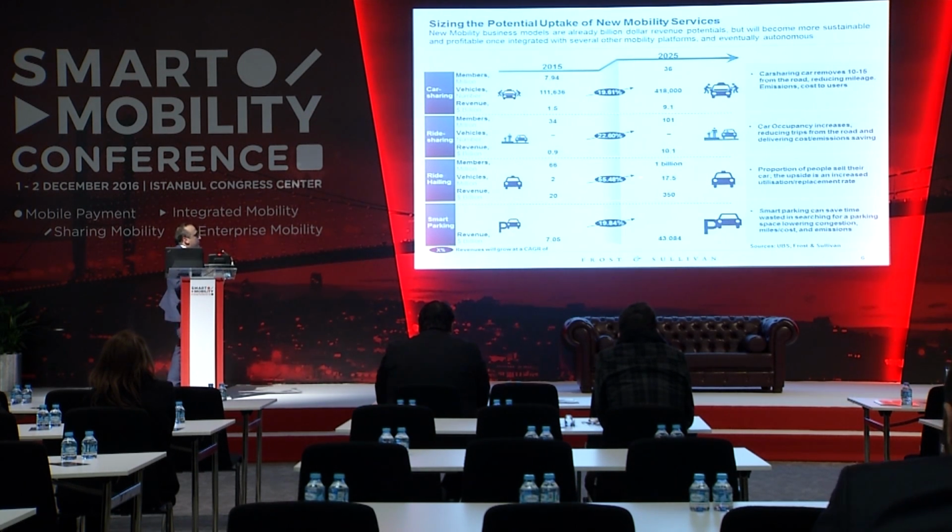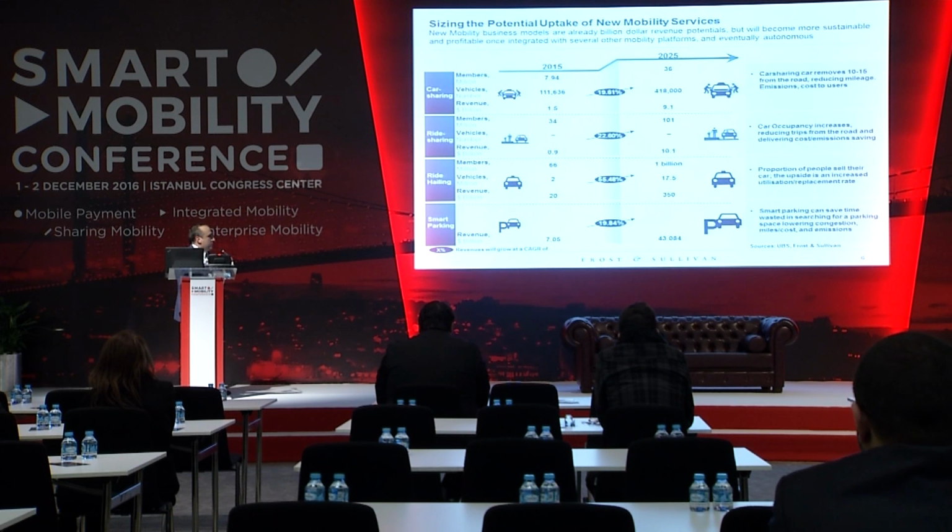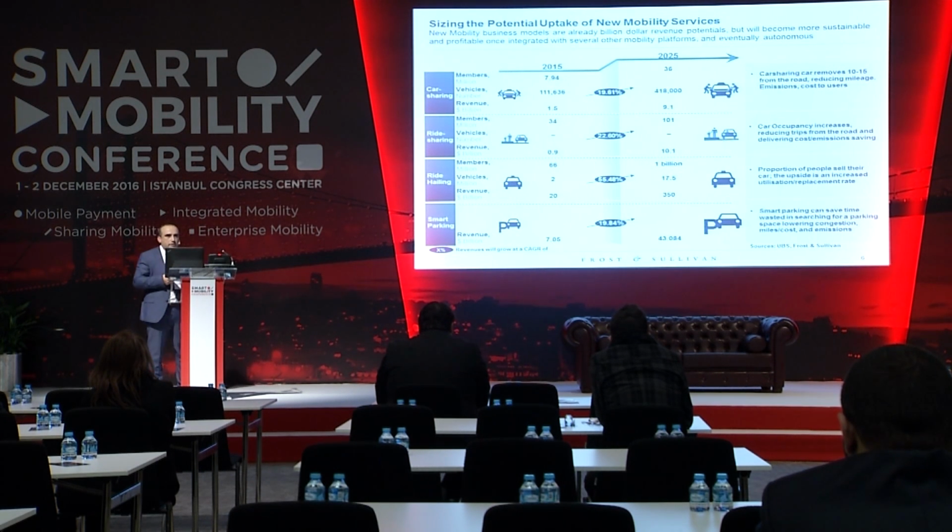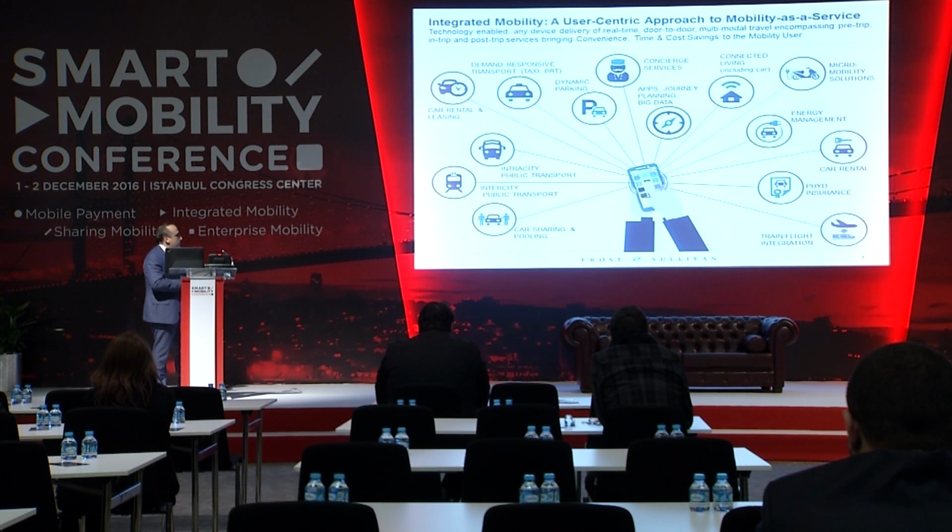Our estimation for 2025 is that the market for ride hailing, which is taxi or Uber that we are seeing right now, will be around $350 billion. Apart from the core sharing economy business models, we also have smart parking. In some places it is also an example of the sharing economy, but we consider this more as a smart economy member.